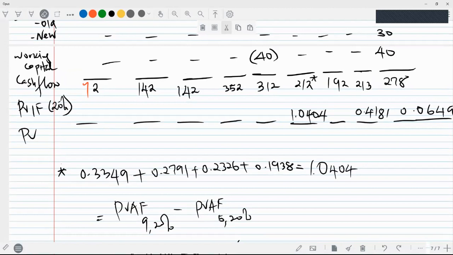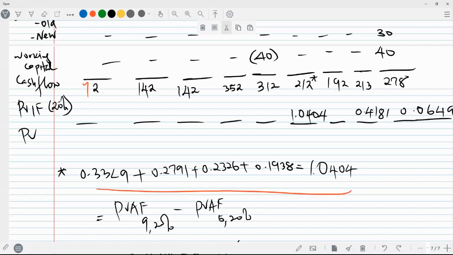These values here I got from the tables also. So the idea was to show you that if you check your tables, the first table for discounting individual cash flows, the factor at 20% year 6, what do you get?